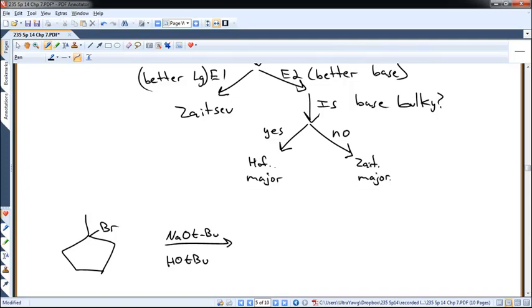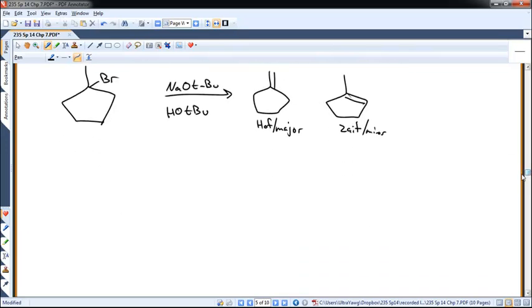And so we're expecting to get the Hofmann product as the major product. That would be major, Hofmann. This would be Zaitsev, which would be minor.